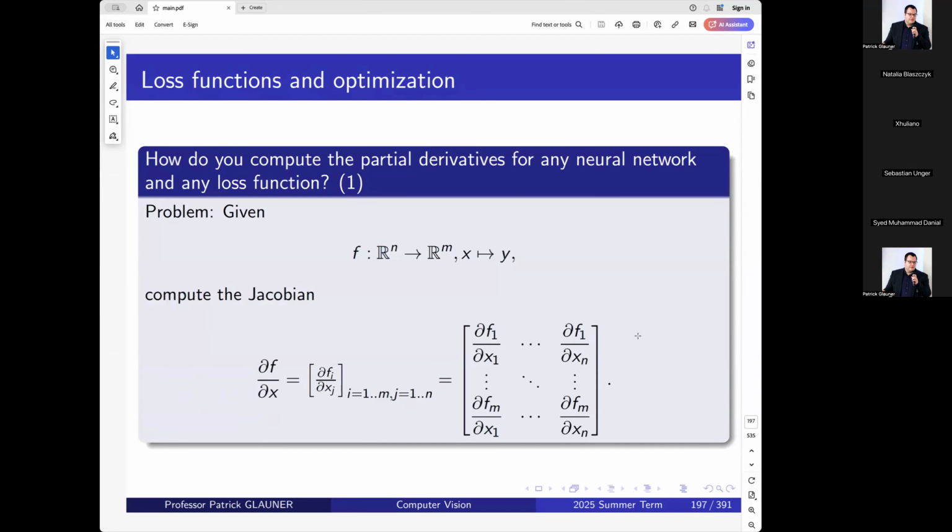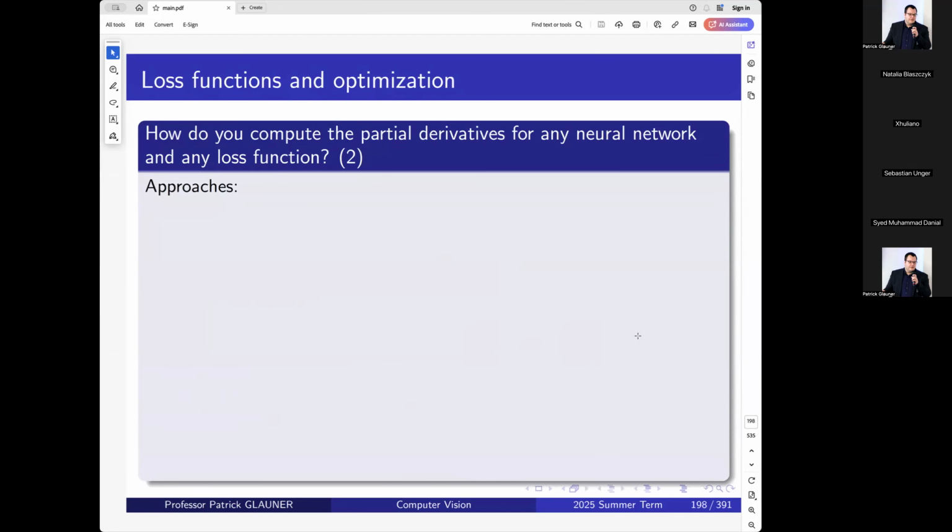This is something that was not possible in the 80s and 90s because the big challenge is, aside from computing power and data, how do I find the partial derivatives for any neural network and any loss function? We've looked at the loss functions before, like squared error or cross entropy, but there are lots of other ones as well. And how do I change the activation functions? All of this has impact on the partial derivatives.